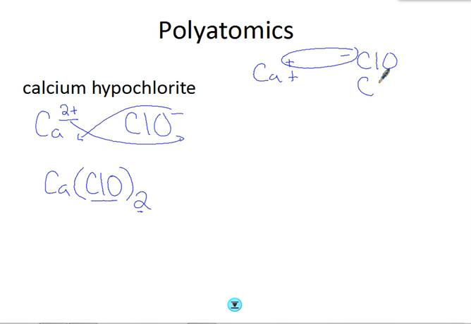I need to add another ClO to cancel out those, and I end up with 1 Ca for 2 ClOs, and again that's written as 1 Ca here, 2 ClOs here. Okay, that's calcium hypochlorite.